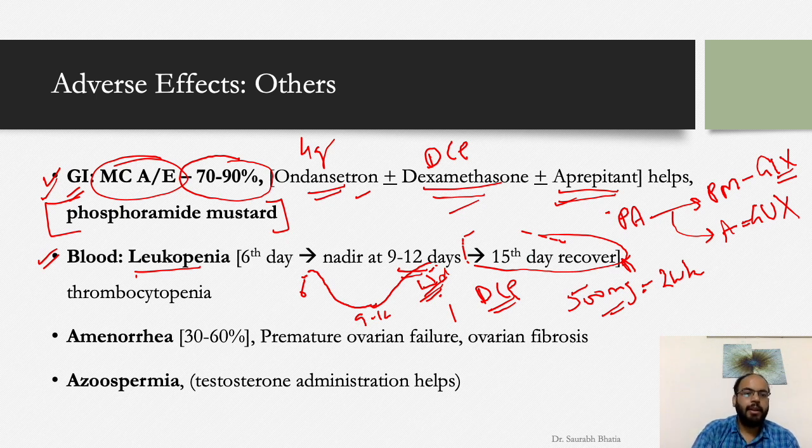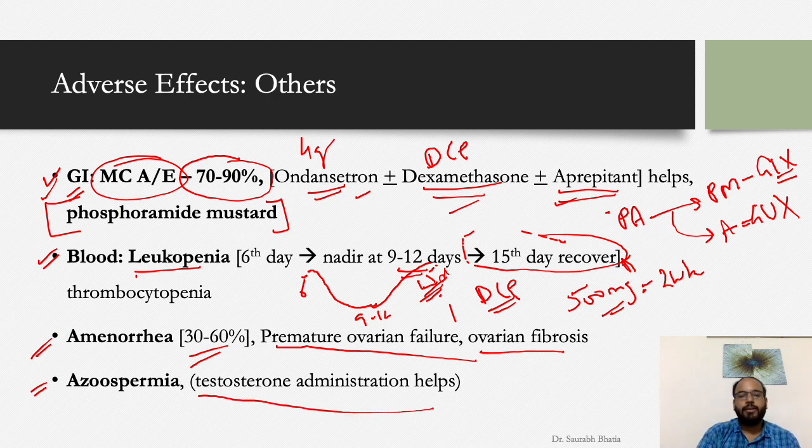Okay. Amenorrhea is seen in 30 to 60% of female patients. Additional side effects include premature ovarian failure and ovarian fibrosis on long-term or high doses of use. Azoospermia is a significant side effect we have discussed a little bit in previous slides. Administering testosterone helps to prevent azoospermia caused due to cyclophosphamide.